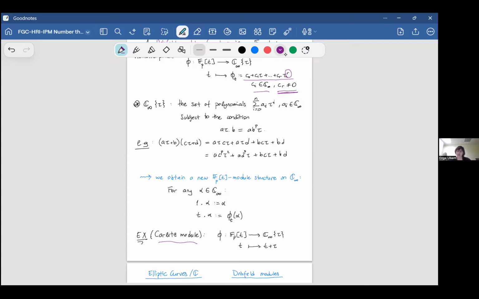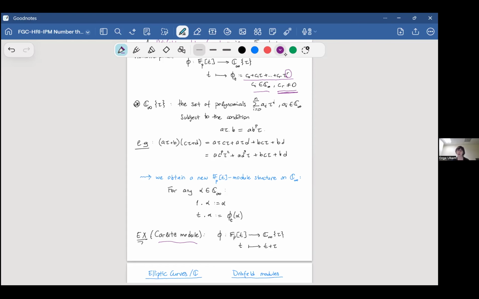But neither Lubin-Tate nor Drinfeld was aware of Carlitz's work when they defined this. So it really took some time, but Drinfeld modules are like generalizations of Carlitz modules, right?